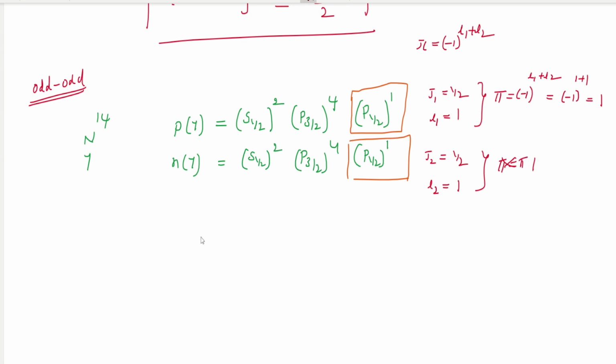So therefore, this type of nucleus J pi equal to... So what is J1 plus J2? Total J is equal to J1 plus J2. So 1 divided by 2 plus 1 divided by 2. J is equal to 1 divided by 2 plus 1 divided by 2, 1 whole power. This is how we can get the answer.